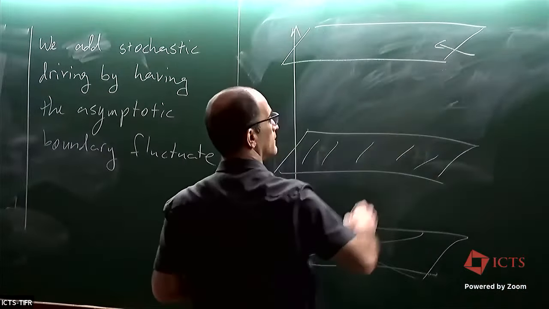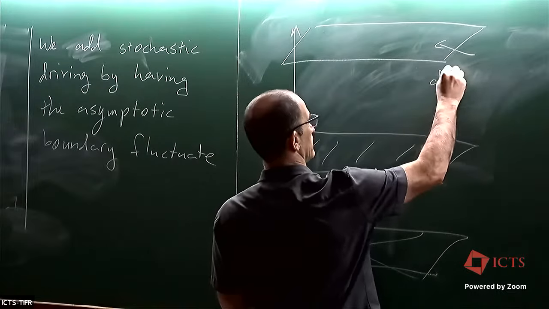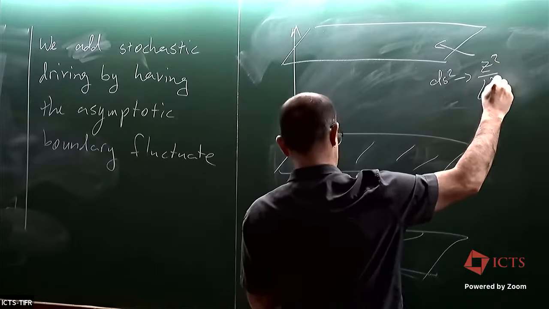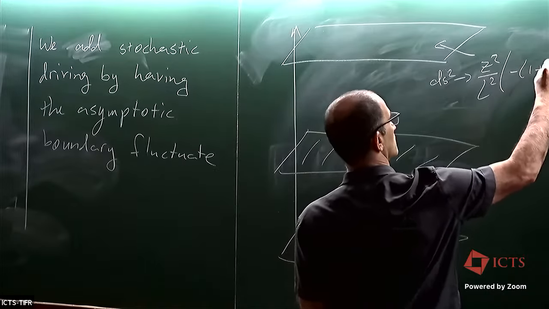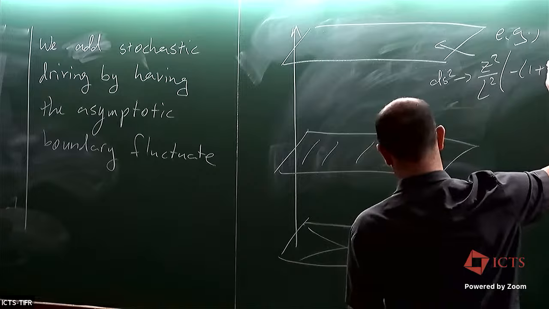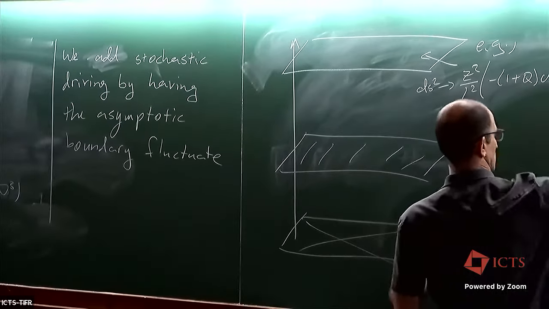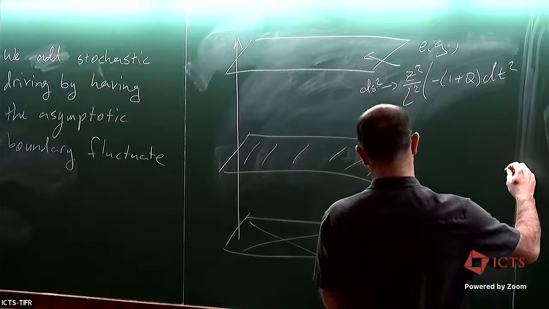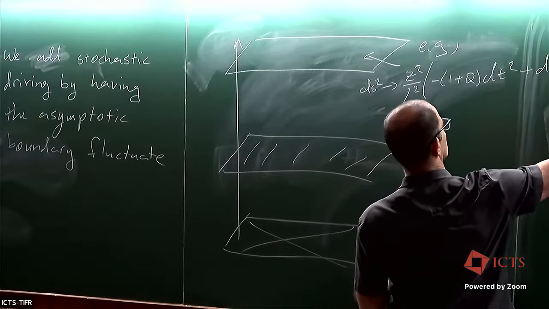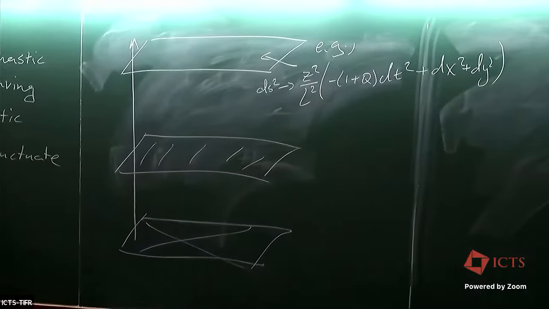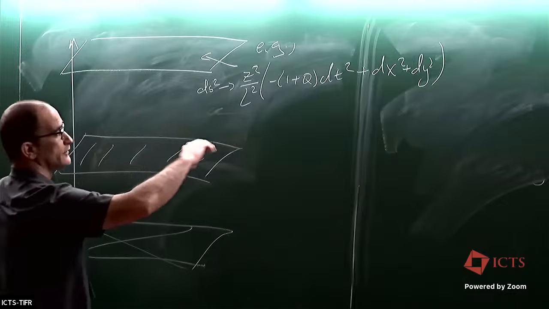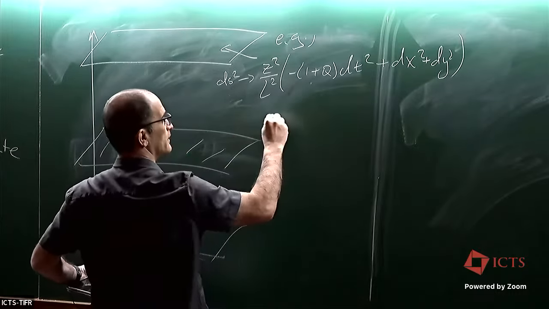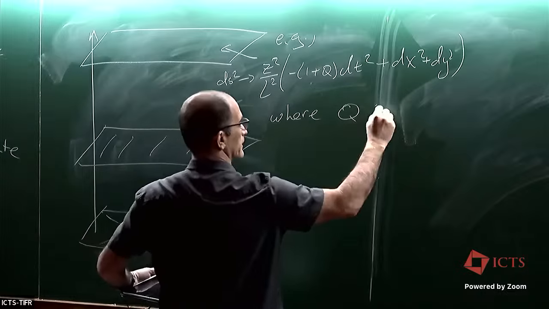And here we want the line element at infinity, at t bigger than 0, not quite to look like Minkowski space, but to take this form where q is a random variable.